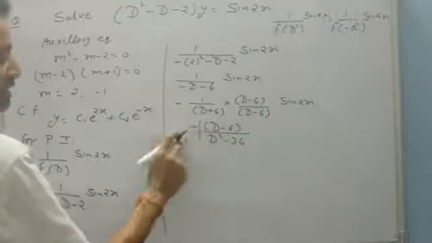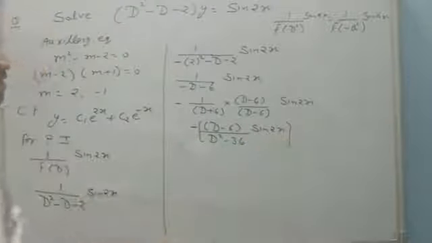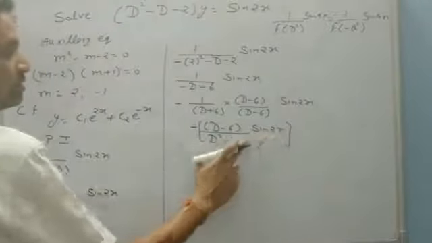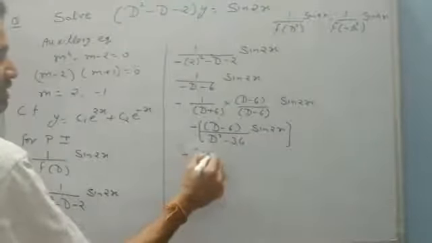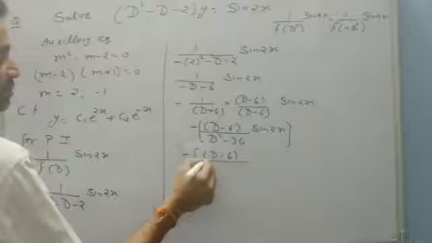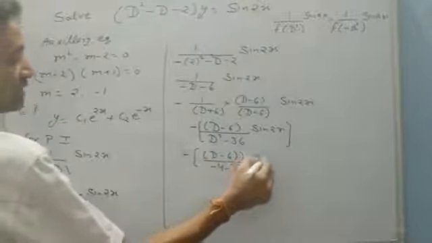The minus sign is out already. It is sine 2x. Apply again for d square, minus 2. I will get minus d minus 6 upon minus 4 minus 36, sine of 2x.